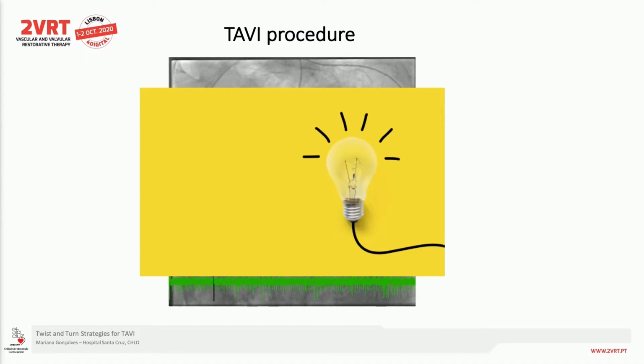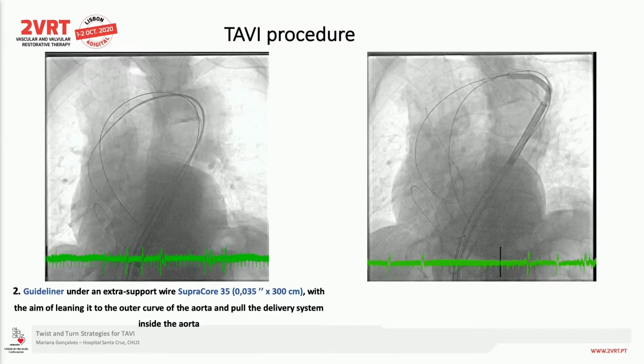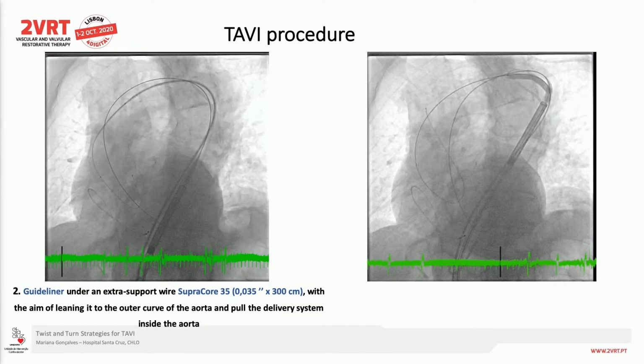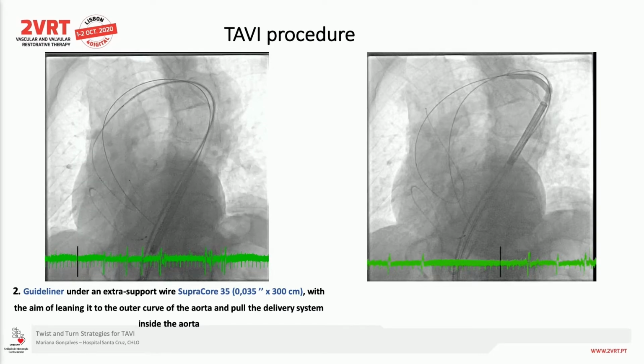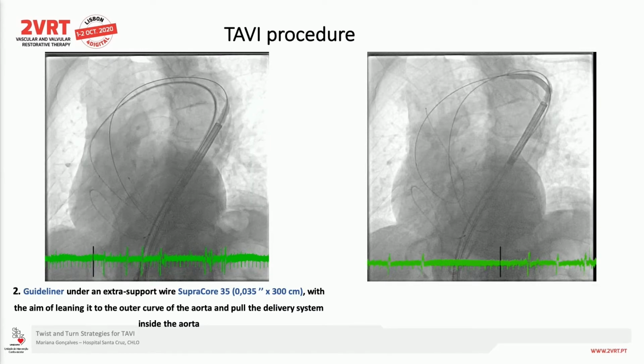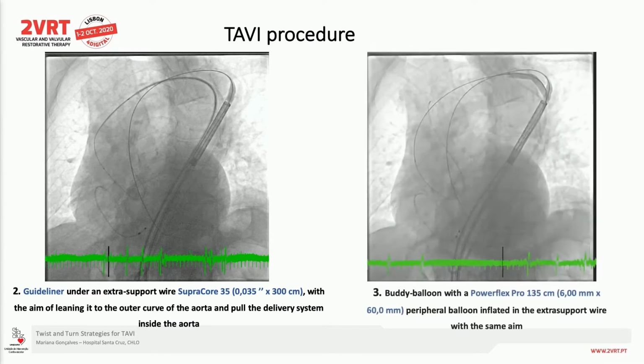Any ideas? Well, we had very experienced and wise operators in the room, and they did have some. They started by inserting a GuideLiner under an extra support wire, a Supracore 35, with the aim of leaning the GuideLiner to the outer curve of the aorta, and then pulling the delivery system by the inside angle of the aorta, but it was not possible.